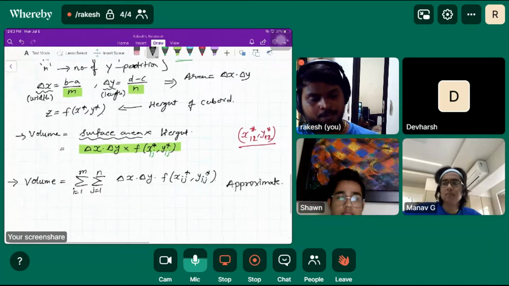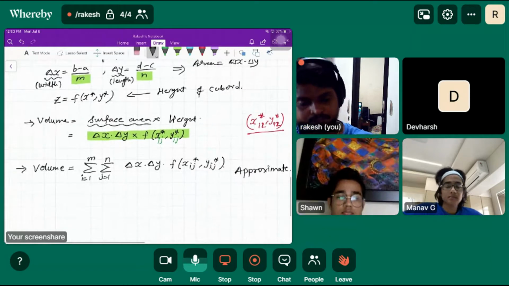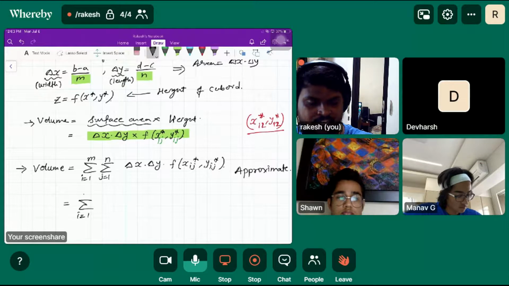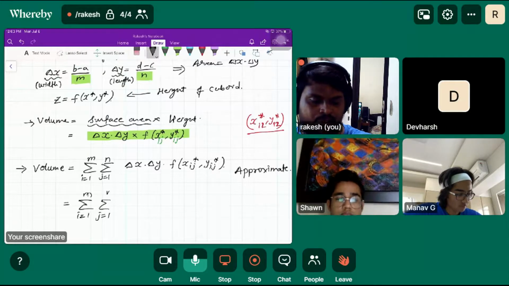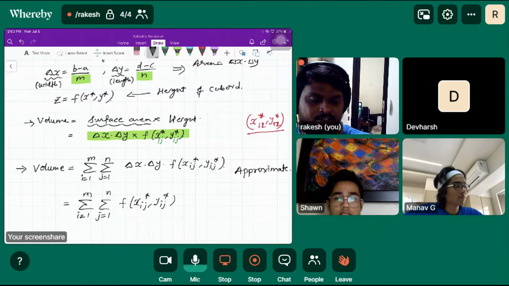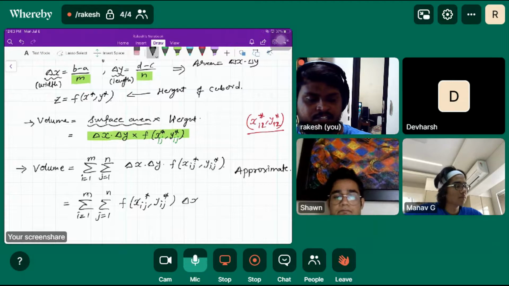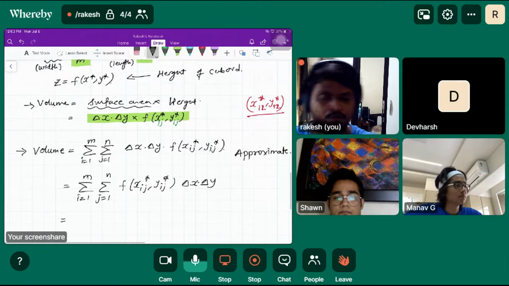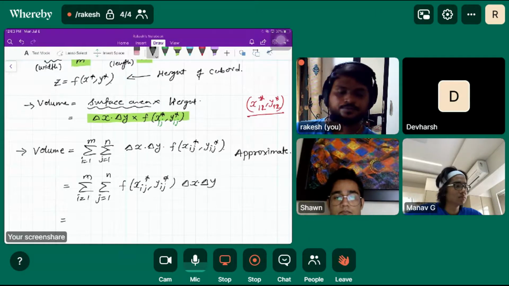Now this will give you the approximate volume under the surface. If I rearrange the terms a little bit, i is equal to 1 to m and j is equal to 1 to n, f of xij star comma yij star, del x del y. Okay, how do we get the exact volume?